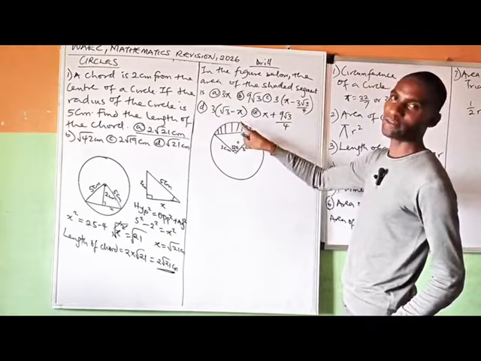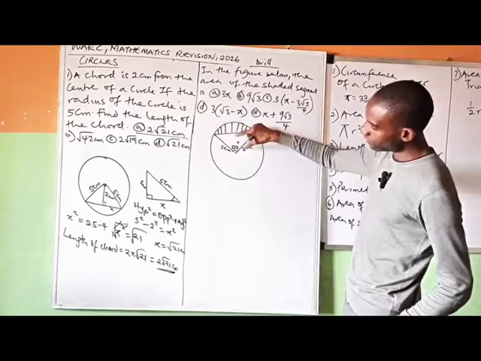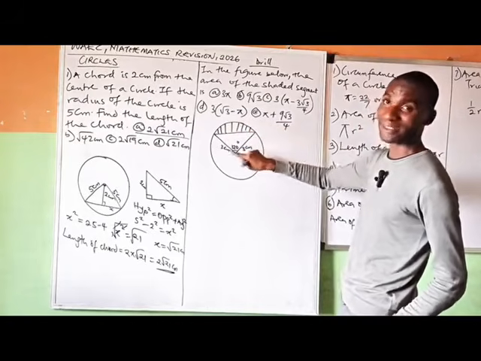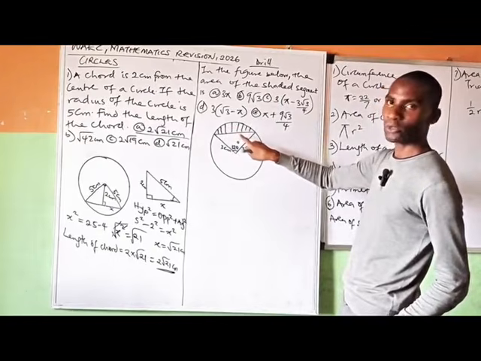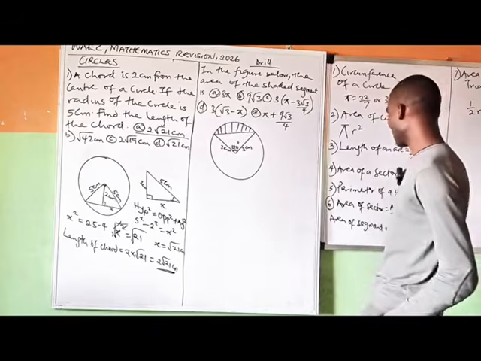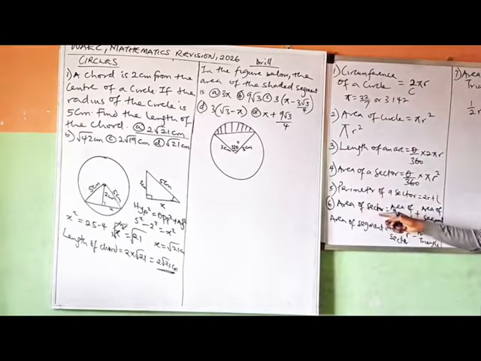So to know the area of this segment, all you need to do is to find the area of the entire sector minus the area of the triangle, all right? And then you get the area of the segment, which is what I have here. Area of segment is area of sector minus area of triangle.